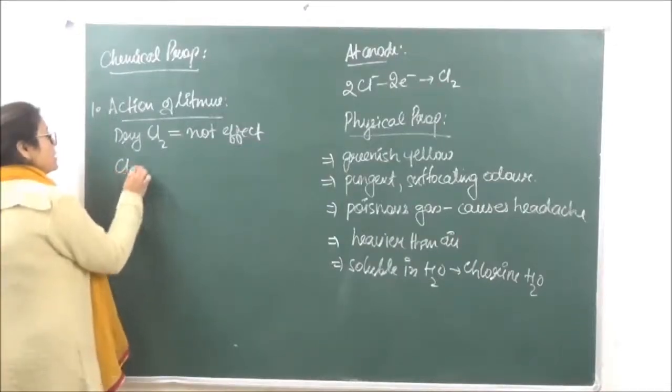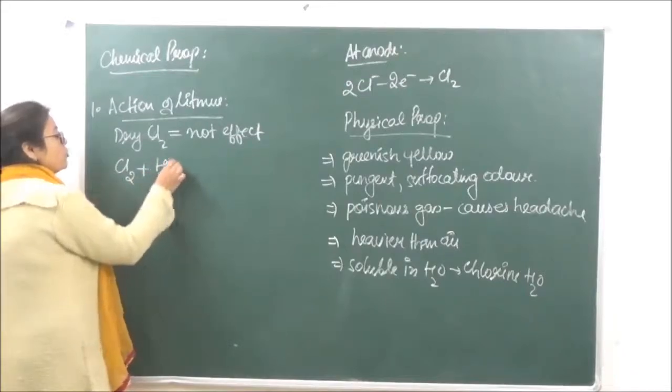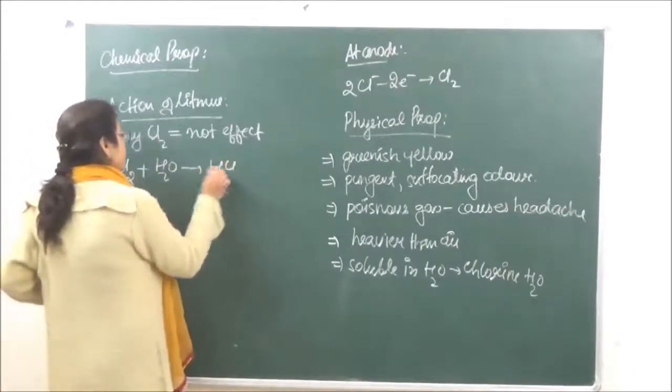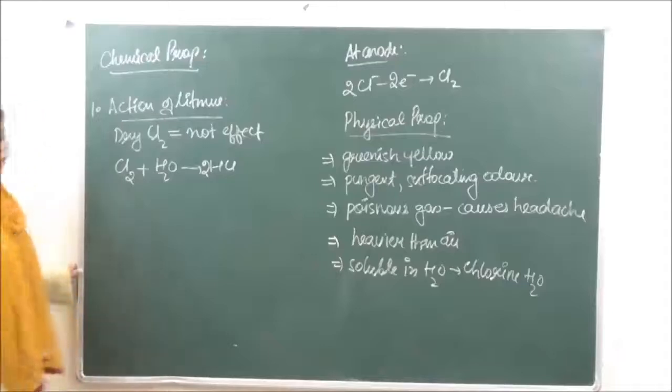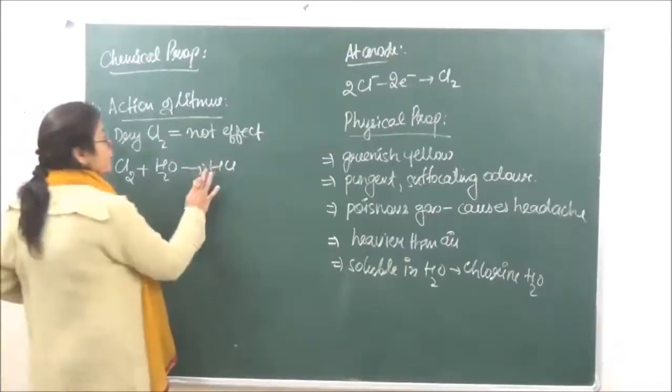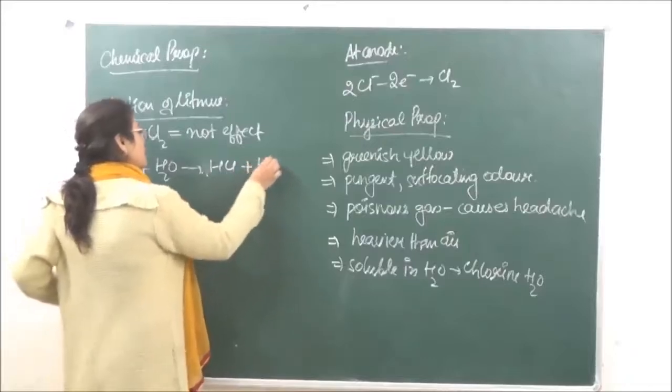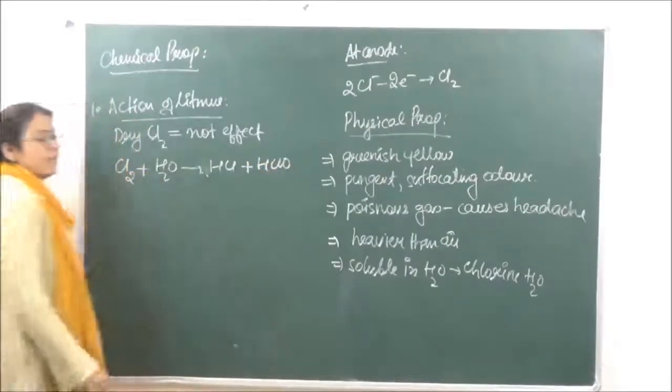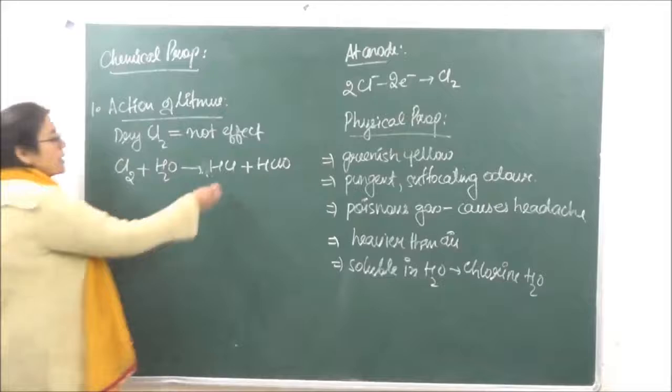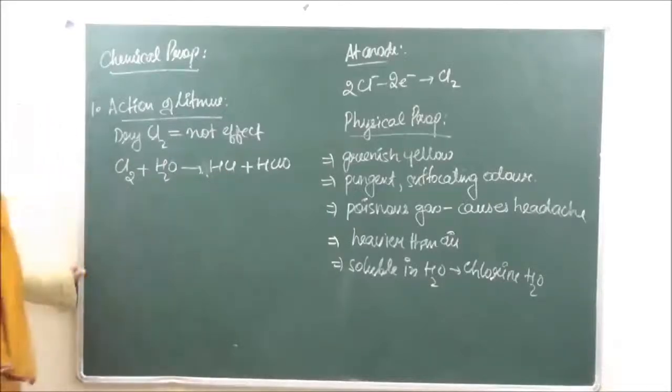That is due to the reason that it produces hydrogen chloride. Okay? Or you can also write the reaction as HCl and HClO. So it is due to the production of this HCl that the moist chlorine gas is going to turn blue litmus red.